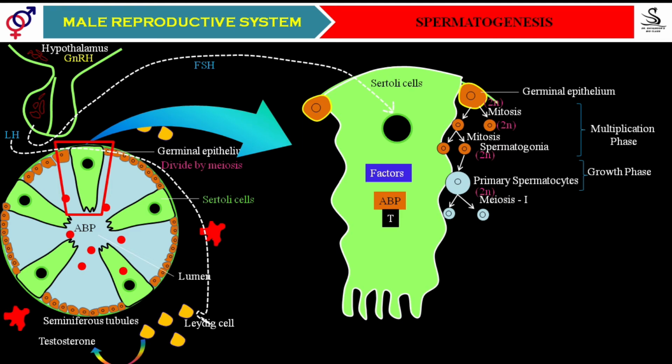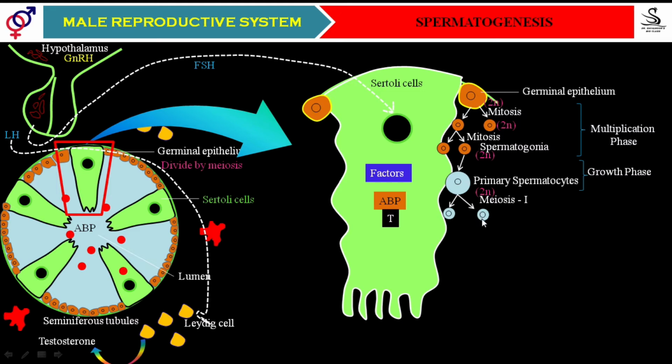Now, these primary spermatocytes, with diploid chromosomes, are going to divide by meiosis. As you know, meiosis is divided into meiosis 1 and meiosis 2. Meiosis 1 occurs in these primary spermatocytes, and that leads into the formation of two equal cells, equal in the number of chromosomes as well as cytoplasmic content.